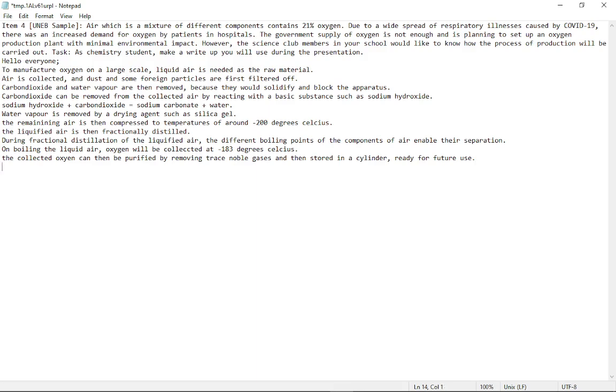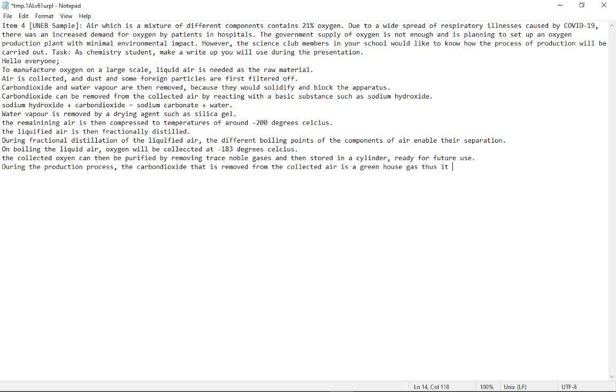Number 3, I will need to look at, for example, the side effect. During the production process, the carbon dioxide that is removed from the collected air is a greenhouse gas.